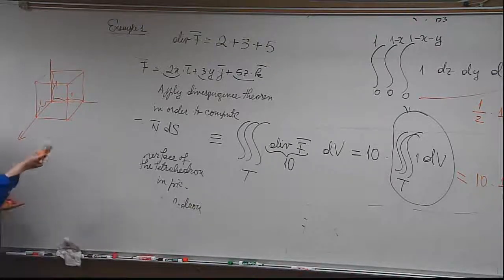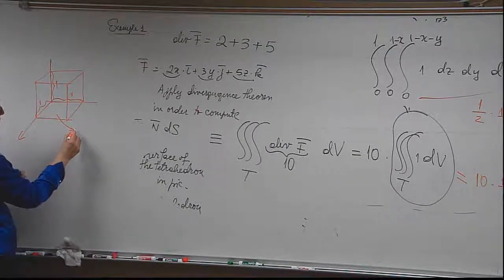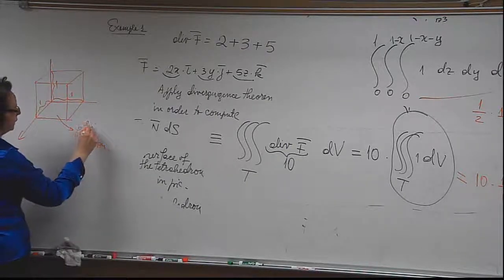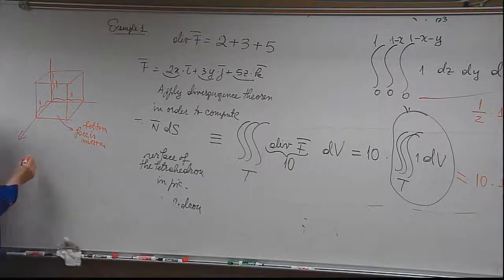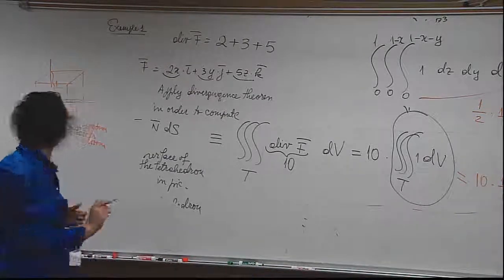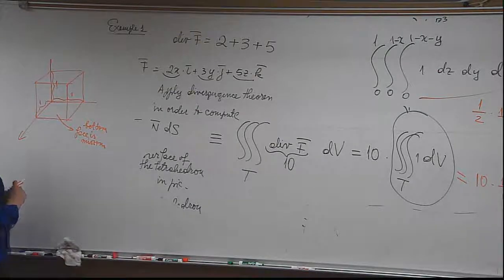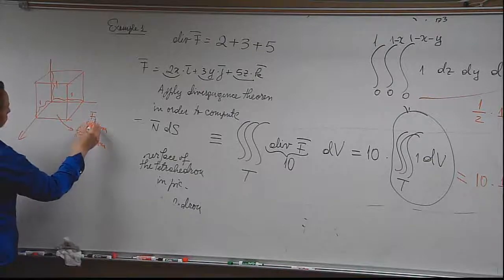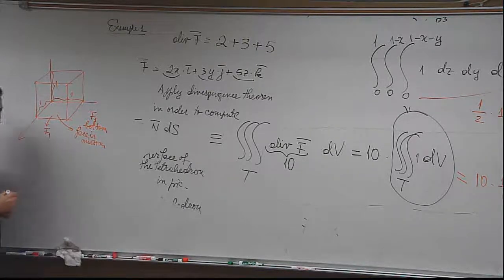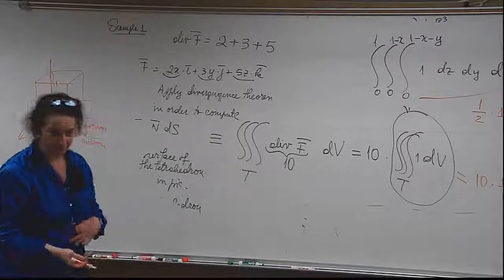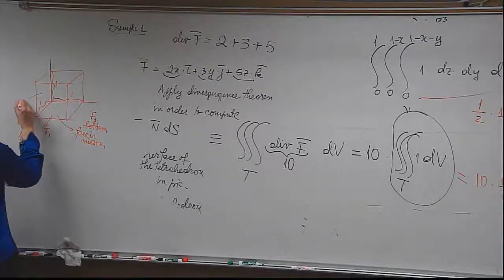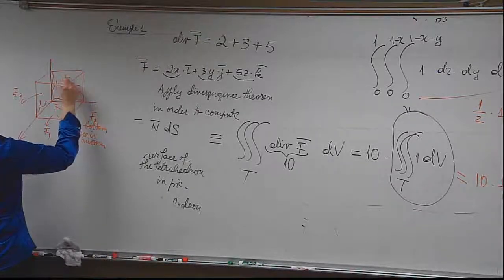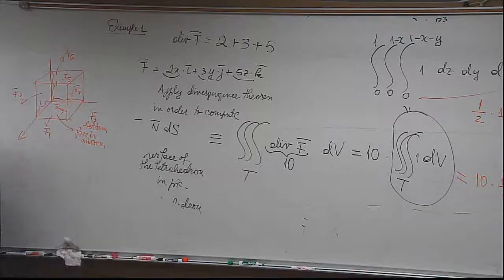The top is missing, so this face is missing. The bottom face is missing. Let's call it F1, because it was the top, but now it's the bottom. And the rest are F2, F3, F4, F5, and F6, which is the top.